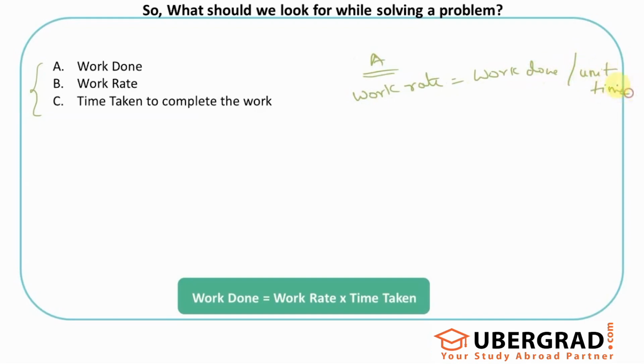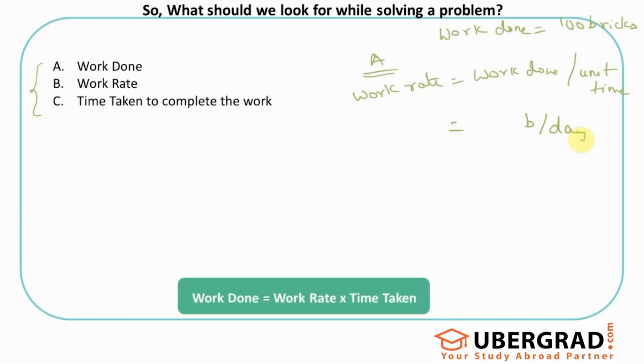To make things easy, what I would always prefer is let's take the work done units as bricks. So I'll complete a piece of work if I put 100 bricks. Let's assume that. Right, if I put 100 bricks together, I have completed the work. So the work rate would be how many bricks would a person put, let's say, per day. It could be per hour, per minute, per week, depends on how the information is given in the question.